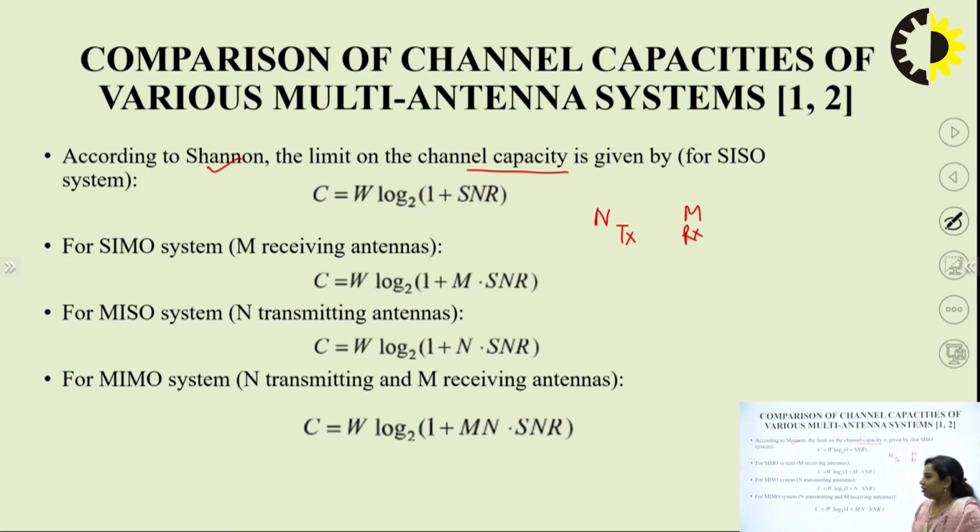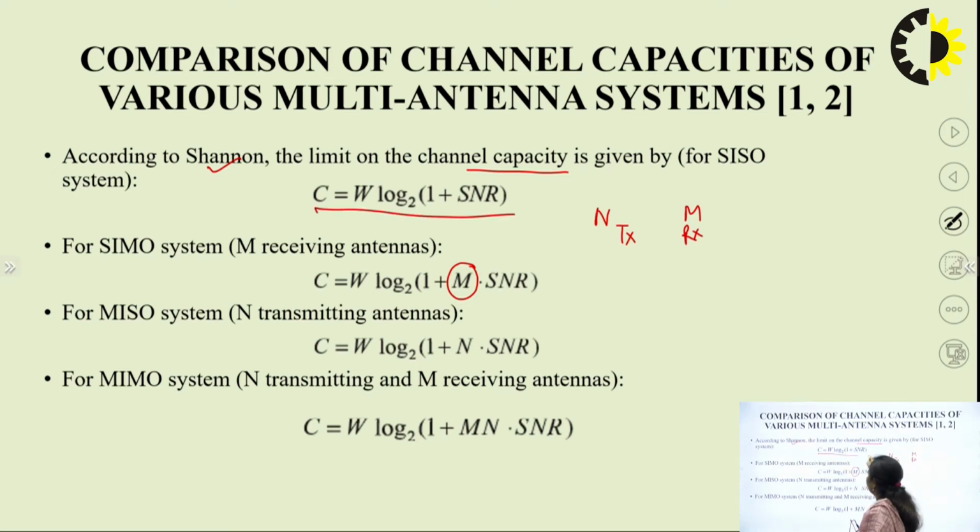So you can see in case of single input single output, m will be equal to 1, n will be equal to 1. But when we are considering single input multiple output, means m number of receivers are there, this signal to noise ratio will be multiplied by m factor.